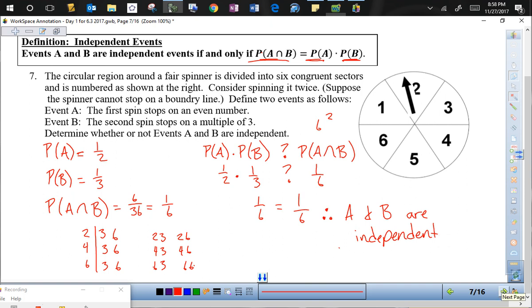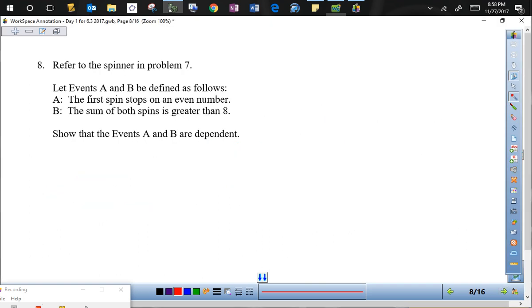Okay, so let's take a look at the next one. We're going to do this spinner again, and we want A and B to be defined as the first spin stopping on an even number and the sum of both spins being greater than 8. Again, we want to know probability of A, probability of B, and probability of the intersection here.